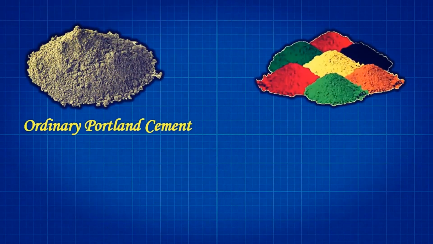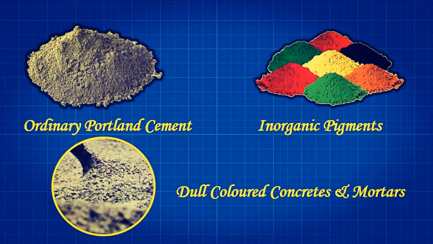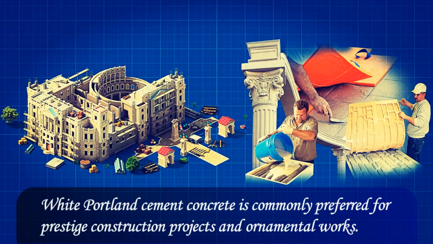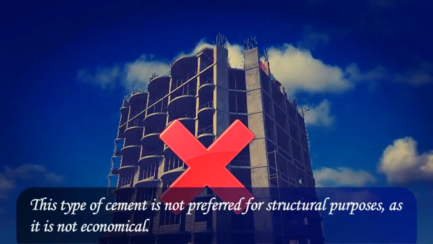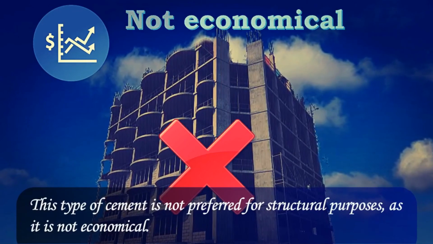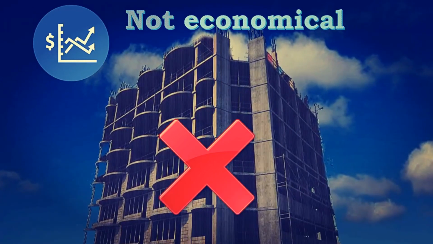Whereas, ordinary Portland cement in addition to inorganic pigments produces dull colors. White Portland cement concrete is commonly preferred for prestige construction projects and ornamental works. This type of cement is not preferred for structural purposes, as it is not economical.